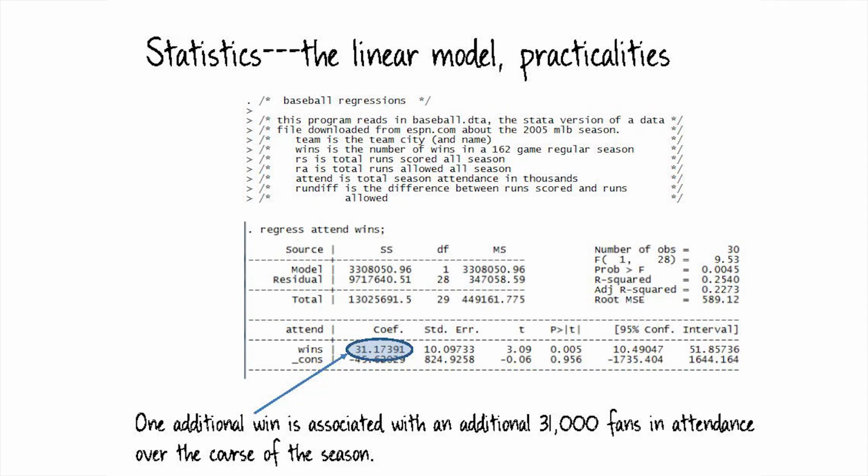Okay? We might want to exercise a little caution in thinking that this is a causal relationship. We'll get to that more later in the semester, but at least this regression suggests that an additional win is associated with an additional 31,000 fans in attendance. Okay?